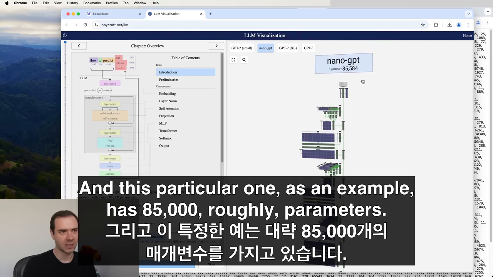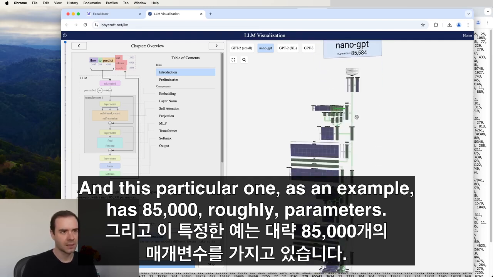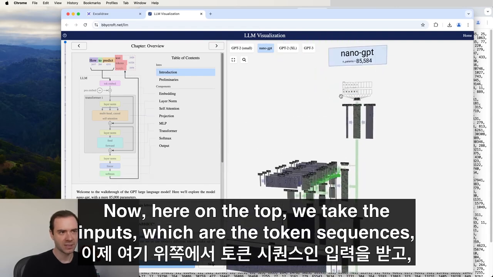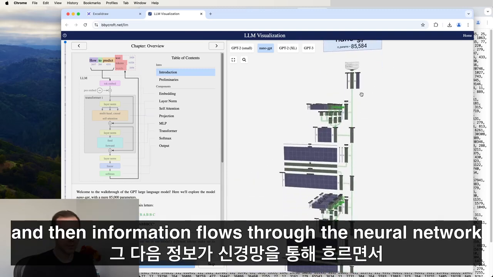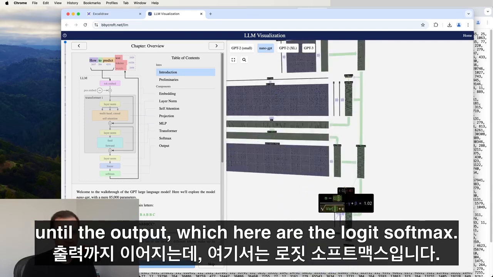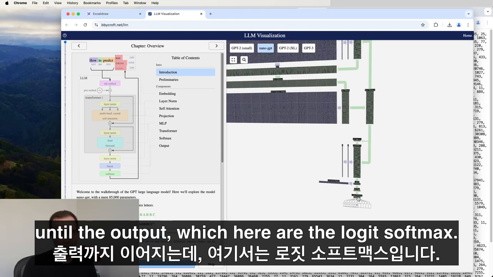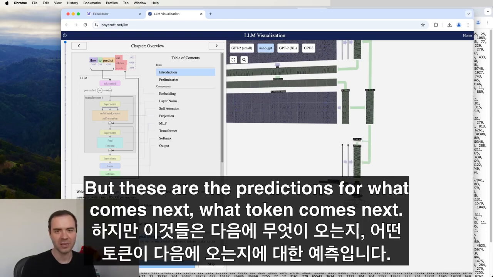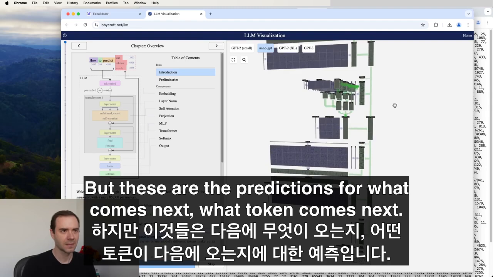And this particular one, as an example, has roughly 85,000 parameters. Here on the top, we take the inputs, which are the token sequences. And then information flows through the neural network until the output, which here are the logit softmax, but these are the predictions for what comes next, what token comes next.